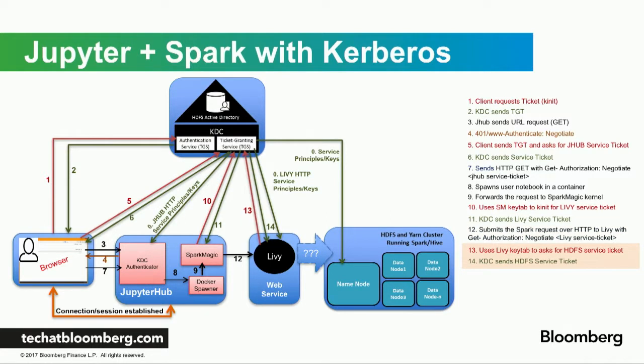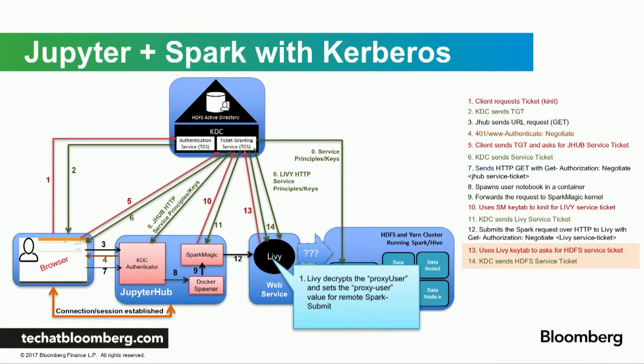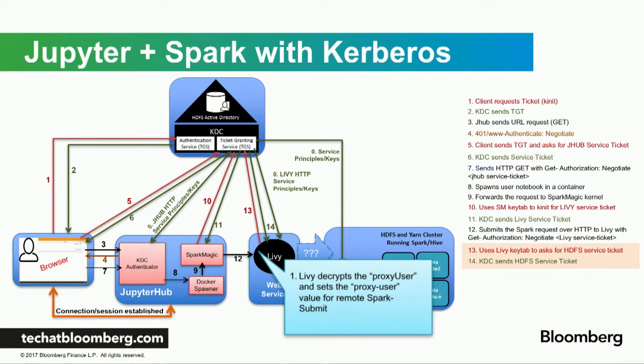Now, once the request comes to Livy, Livy has to talk to HDFS. So Livy has to also get authenticated against HDFS. In a similar way, Livy will also go to the KDC and say, hey, I need to run a Spark job in this HDFS cluster, so give me a ticket. So it will get the ticket. And what Livy does on top of it is it's going to decrypt the proxy user and set the actual user ID for the remote Spark submit.